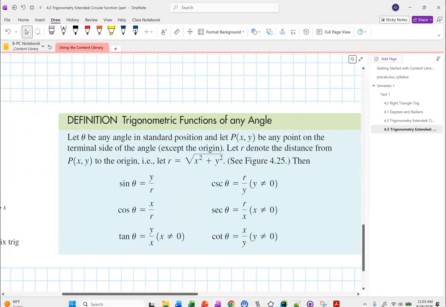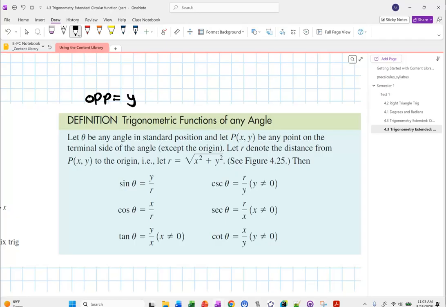So the takeaway here, the way to remember this is that y just means opposite. x just means adjacent. Hypotenuse just means r.